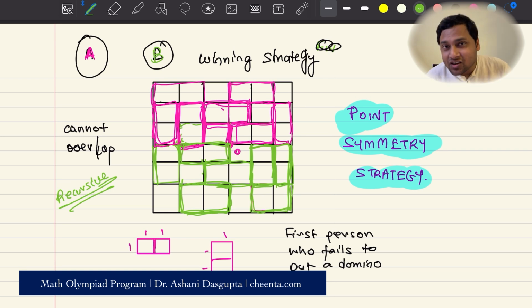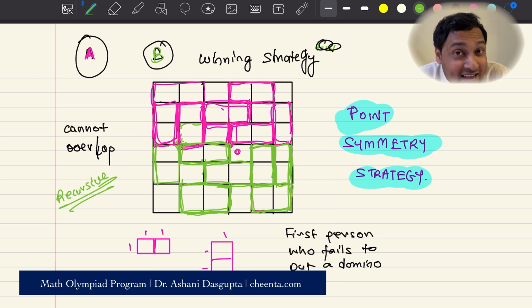And this strategy would always work. Wherever the player A puts a domino, player B would go along and put a domino in the reflected spot. And every time the reflected spot would be empty, so the player B would be the last one to be able to put a domino without overlapping in the board.